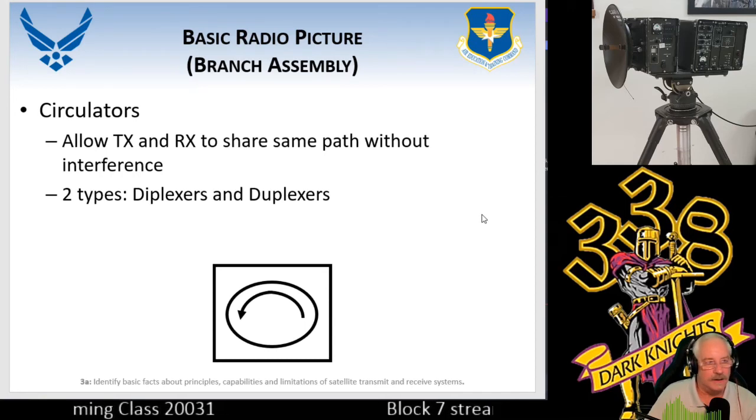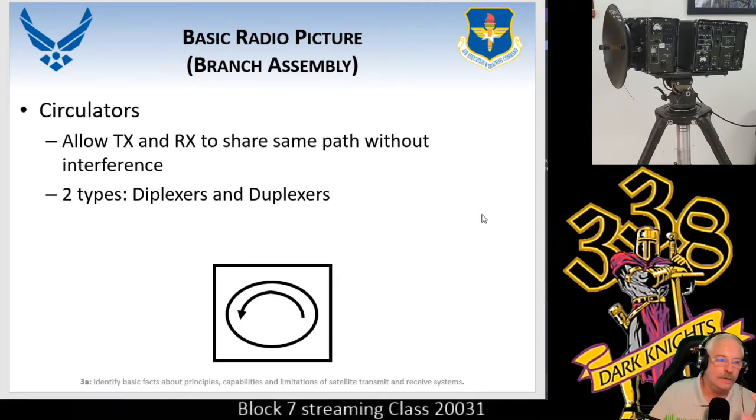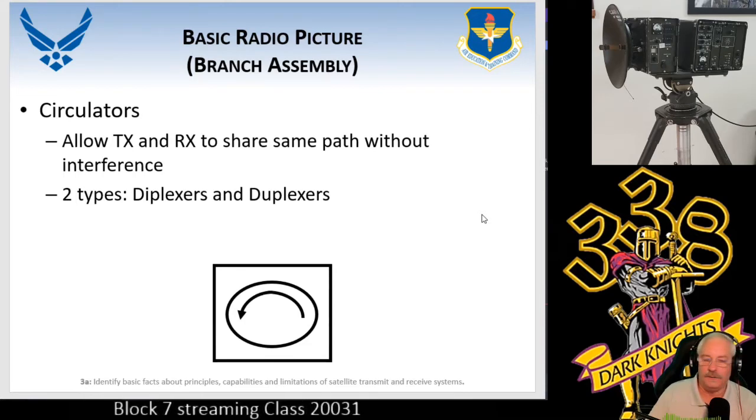Okay, circulators. These are really weird ones. Normally these things, depending on where they're located, have 3 or 4 points on them. And if you look this up on Google, again, they work passively.